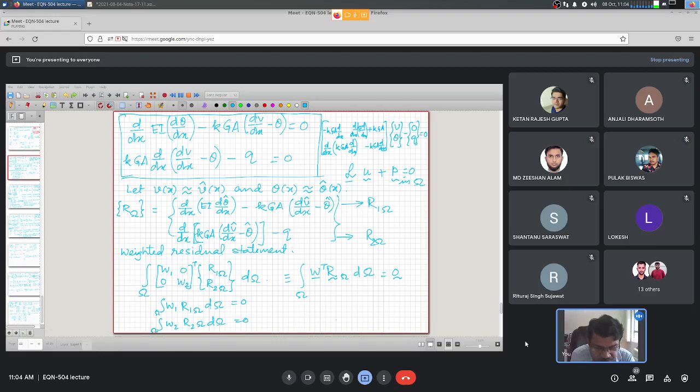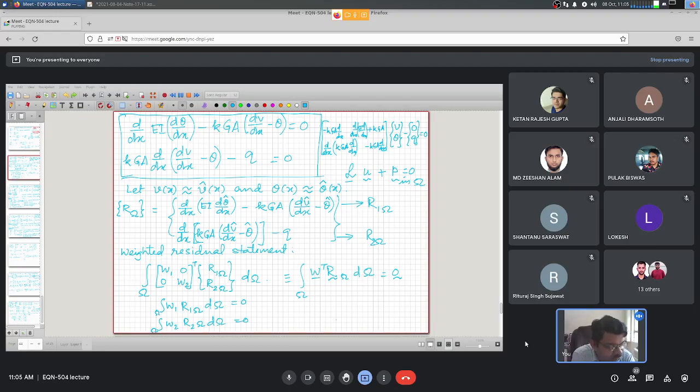Right, so once you go through this, you will realize that it is much simpler to work with shear flexible deformation theory in comparison with the Euler-Bernoulli beam element. It's much simpler to program, much simpler to implement, much simpler to work out.